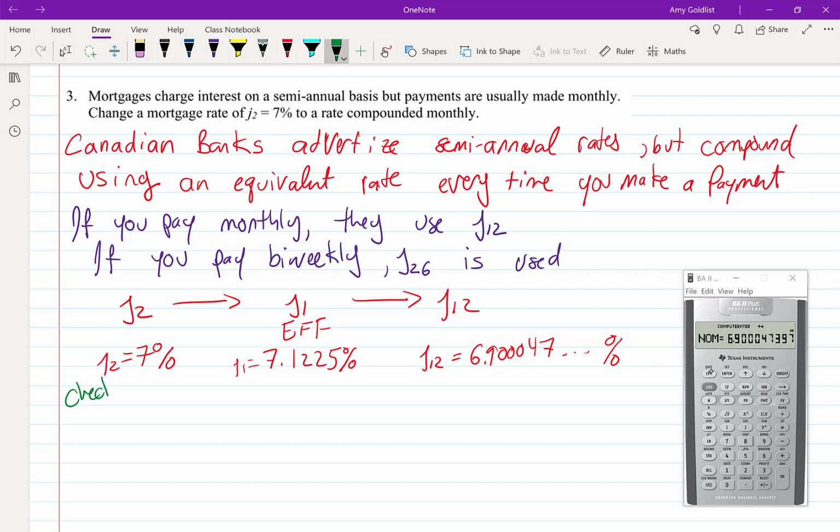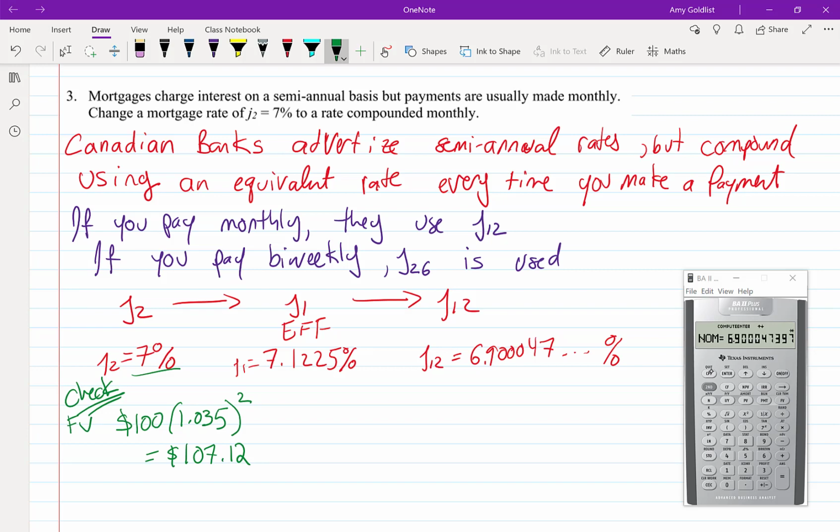Okay, but let's do it a different way. And I'm going to say this is a check because I started at the beginning and said, if I start with $100, how much do I have at the end? So I'm going to start with $100 and I'm going to invest it at 7%. Dividing 7 by 2 gives me 3.5. So I do that and I end up with $107.12.